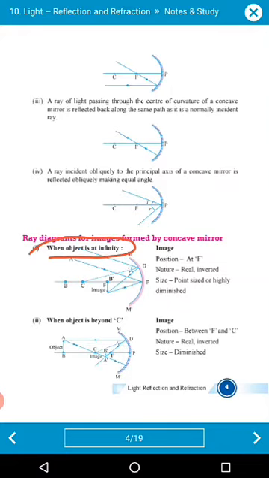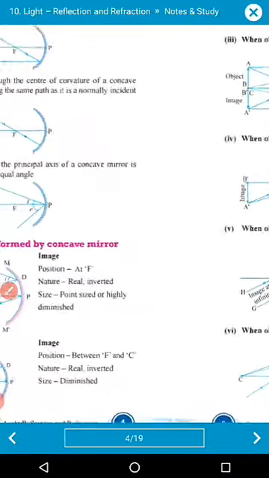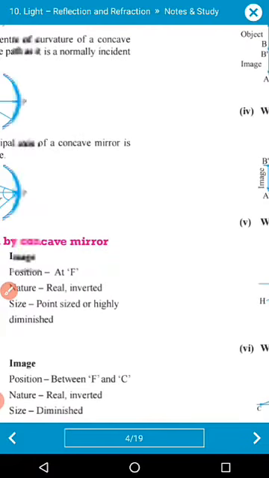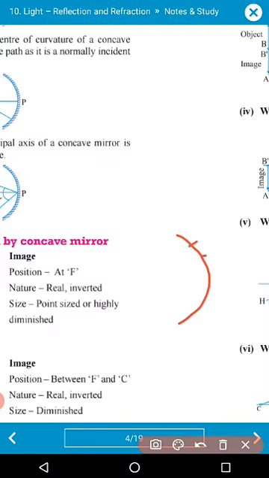Suppose I have a concave mirror. This is the principal axis. I am going to put my object at infinity, means very far. So the ray coming from the object at infinity will strike the mirror and intersect over here.